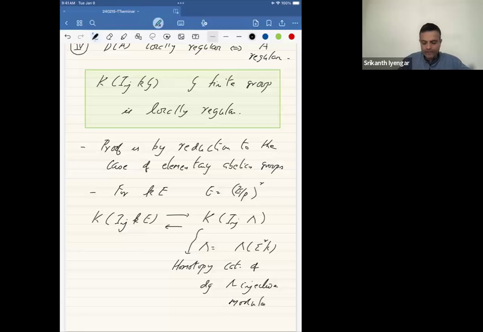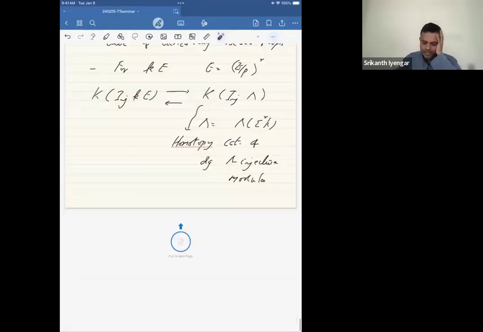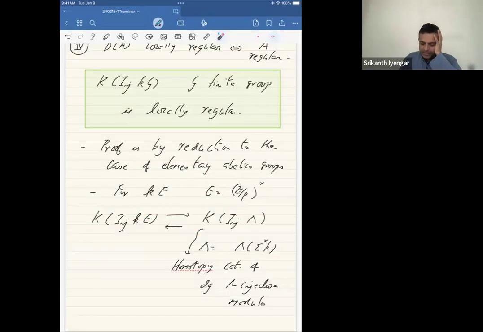This is not quite an equivalence, but we have functors that compare. These are both TT categories, and part of the problem is that these are not TT functors, but there is a known finesse for this. So we have functors going back and forth, and one deduces that this category is locally regular by proving that this category is locally regular.